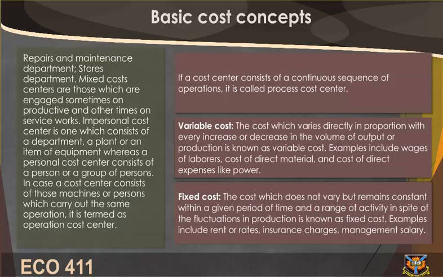Fixed cost. The cost which does not vary but remains constant within a given period of time and a range of activity in spite of the fluctuations in production is known as fixed cost. Examples include rents, rates, insurance charges, management salary.